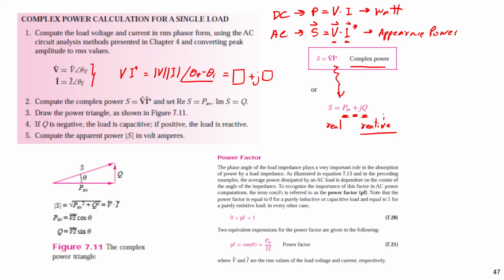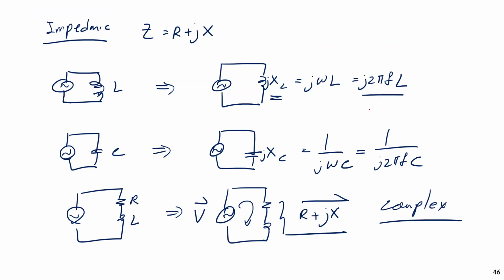Okay. What do we mean by reactive? It means the power that flows in the system, but we don't use it. For example, the inductance just stores the power and returns it back, right? Charge and discharge, charge and discharge. It is a storage device. The power flow is there, but we don't use it.